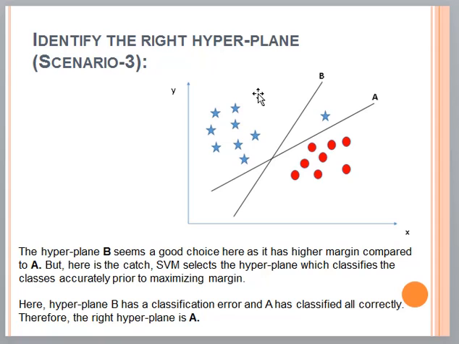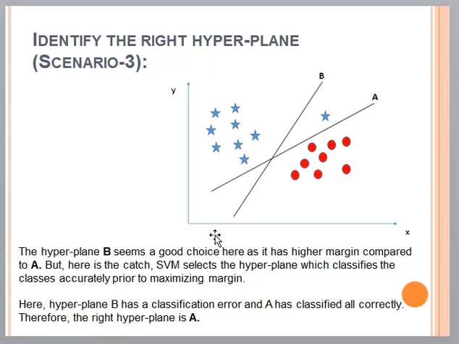So far we have discussed that we need to select a hyperplane that has higher margins. So it seems that B has a higher margin as compared to A, but in reality, in the case of support vector machines, it is a little bit different.